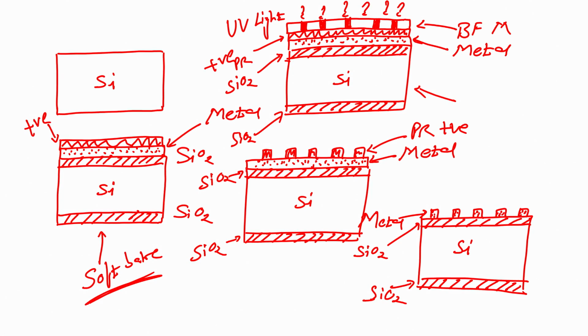What you can see is that the unexposed areas remain. The next step would be hard bake.